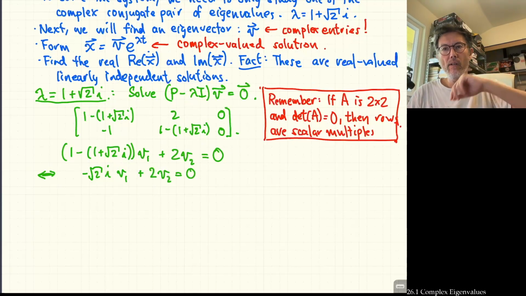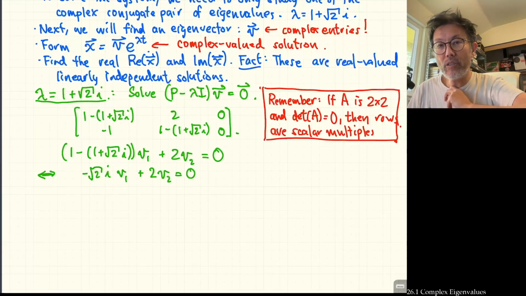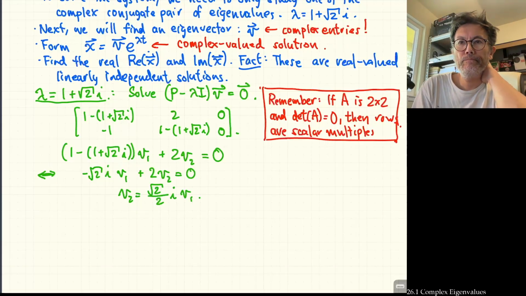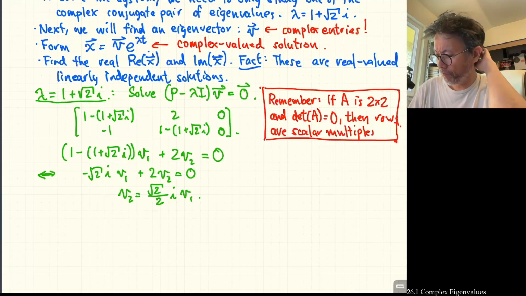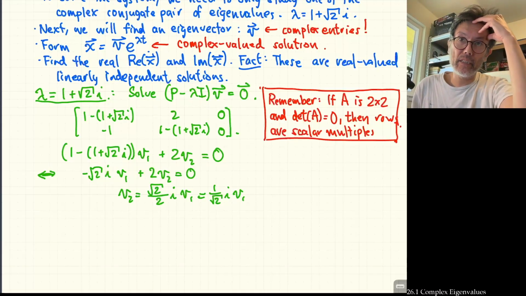And so what this suggests is that if I add square root of 2 times i V1 and divide by 2, V2 is equal to square root of 2 divided by 2 times i V1. And I like writing this as 1 over the square root of 2 times i, V1, because I like radicals in my denominators.